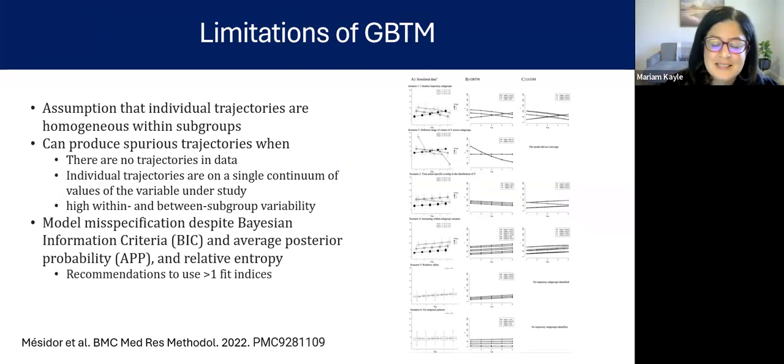Again, I'm not a biostatistician, but it was very correctly critical of some of the limitations of this modeling technique. So it's not good for all data. It's good for some data. It's good for us, depending on the research questions and the distribution of the data. It might be helpful to understand at least some of those different patterns.